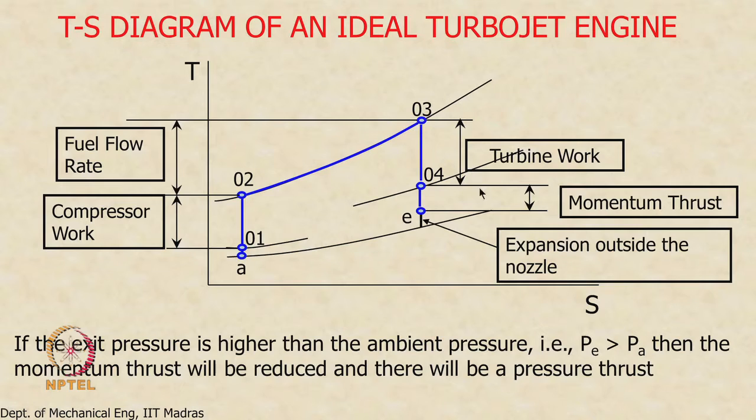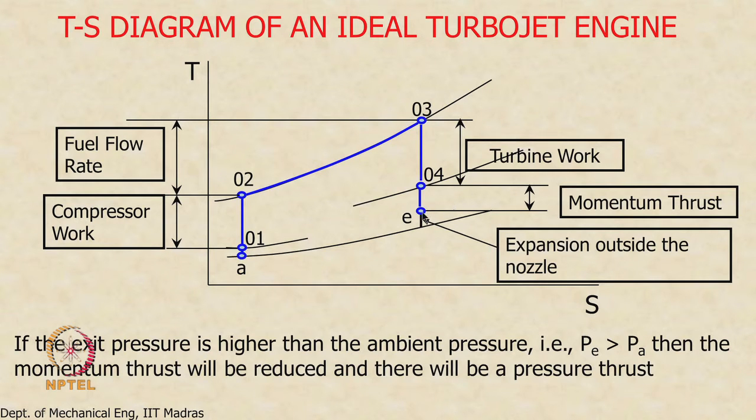Okay, so the remaining enthalpy is then extracted as thrust in the nozzle. Right, this is converted to thrust in the nozzle. If the exit pressure is above the ambient pressure, meaning the flow is under expanded, then we get the momentum thrust from the engine, and we also get a pressure thrust from the nozzle.